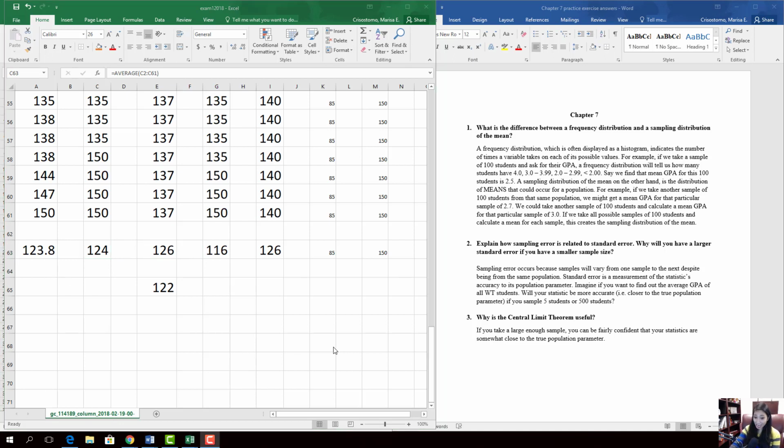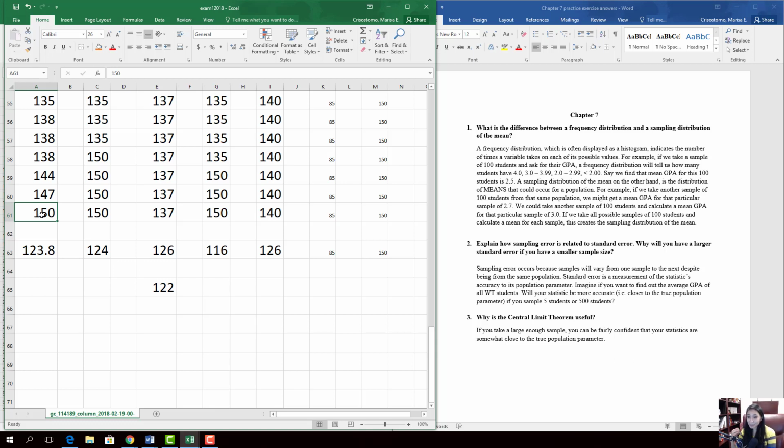Your standard error is the accuracy of that statistic. So if you remember back to chapter 1, we take sample statistics in order to draw conclusions about population parameters. And we want those statistics to be reliable. We want that statistic to be representative of the population parameter.